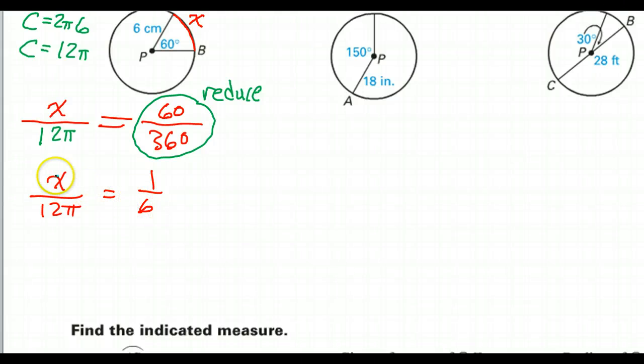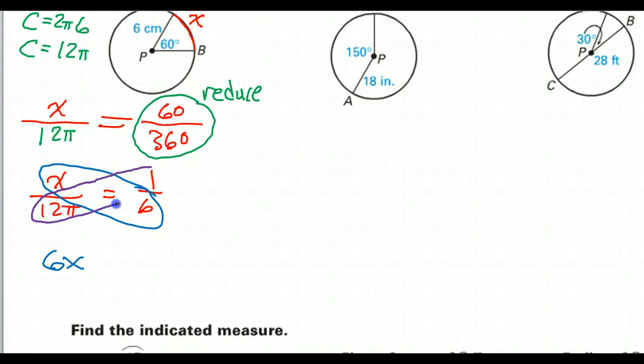So cross multiply. So the 6 times the x, as we do this diagonal, we'll have 6x. And then as I do the other diagonal, 12 pi times 1 is just 12 pi. So we cross multiply, we have this.